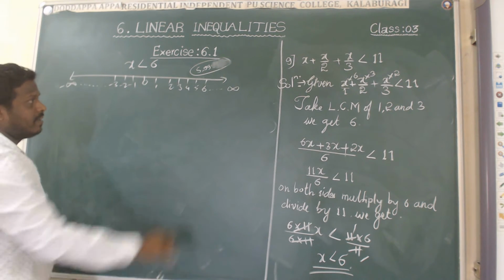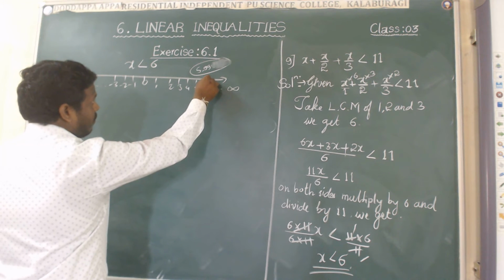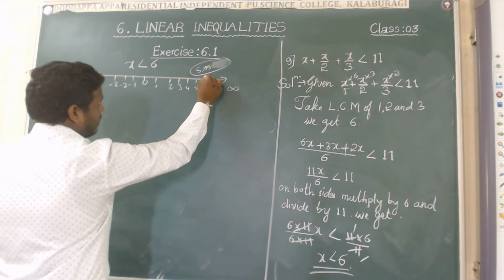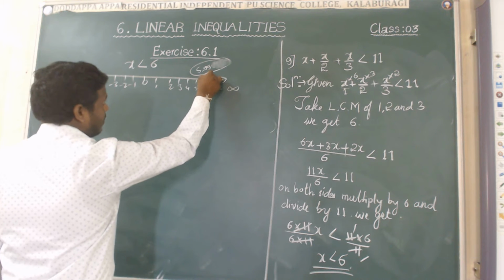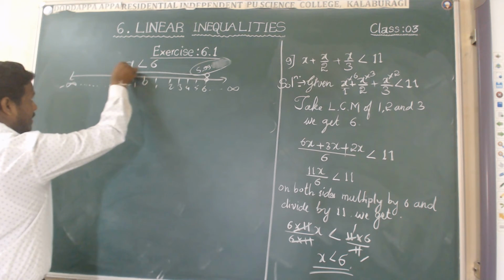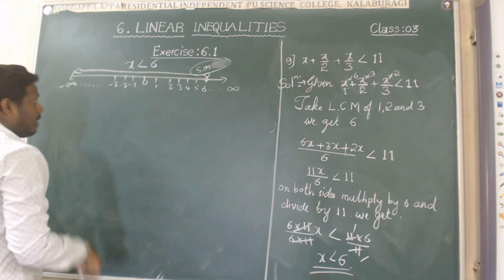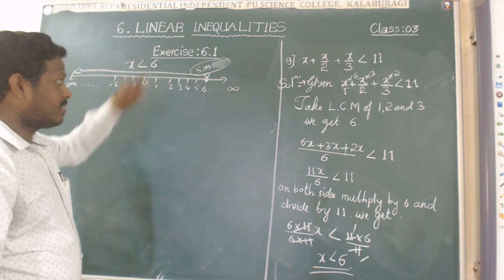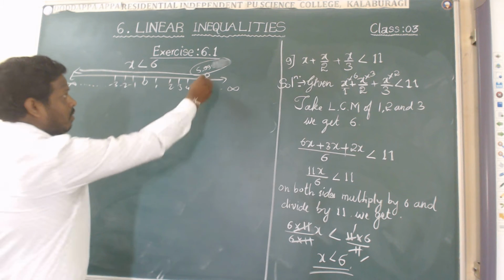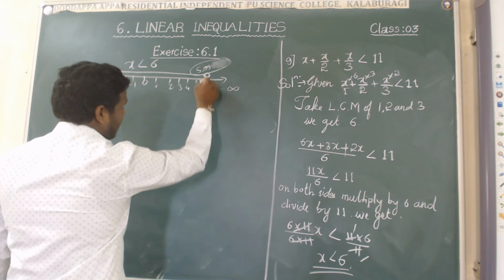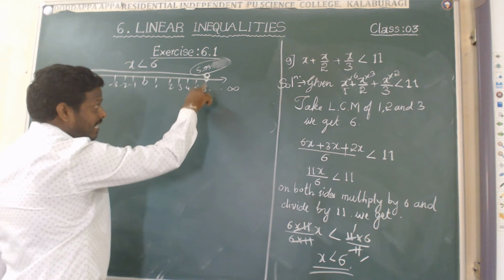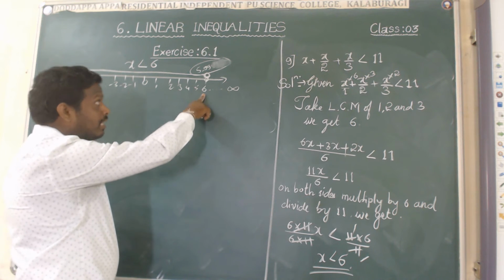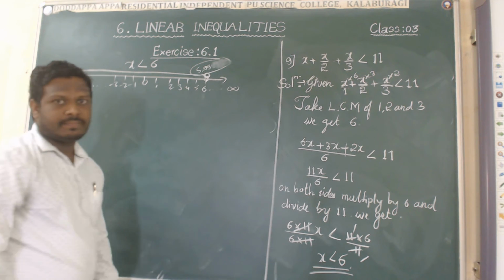So that's why in real numbers we take an empty circle and go towards the LHS, the left side of the number line. These values will always be less than 6. This means, with a small empty circle, the value of x is excluding 6 but including 5.99.